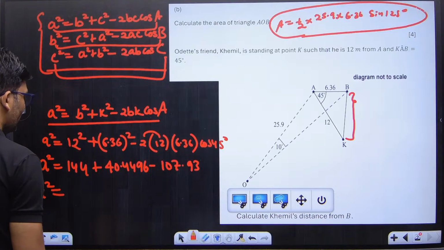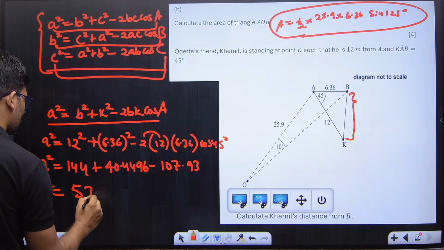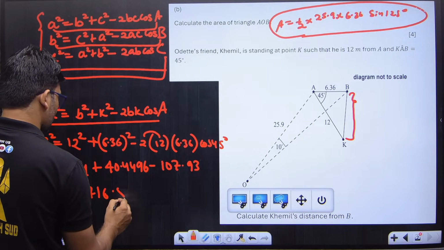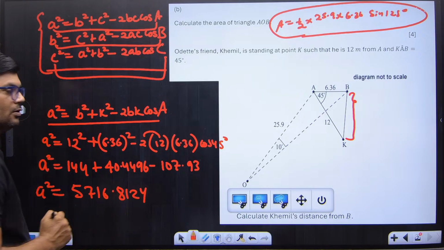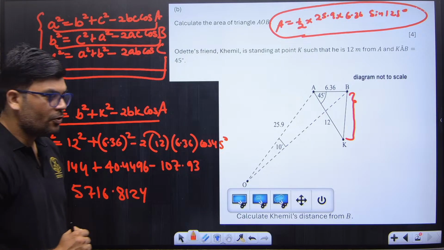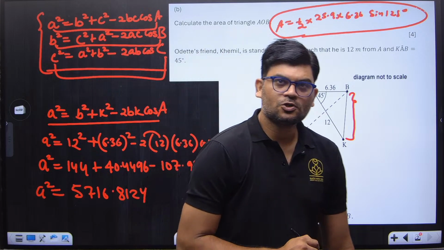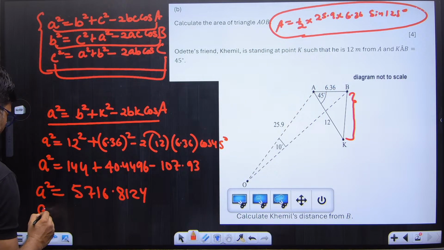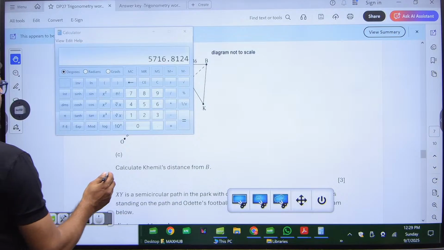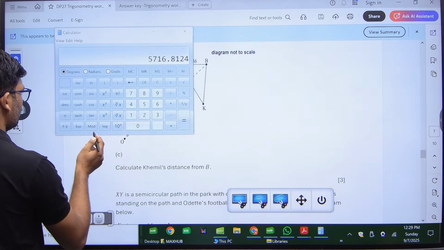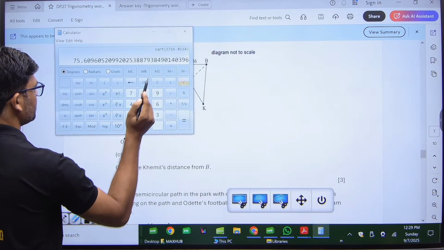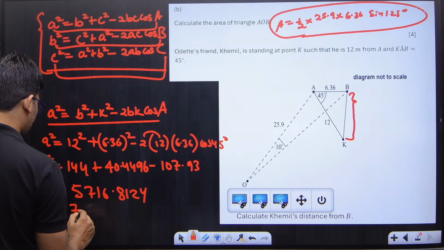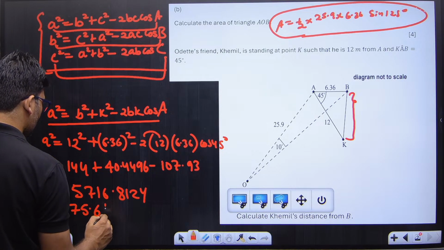So I got as 5716.8124. So A is going to be the square root of this number. To find the square root, where is the square root? Here it is. So I got A as 75.609, that is 75.61 I can say.